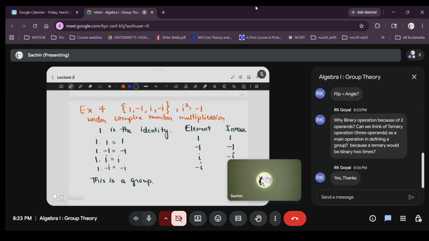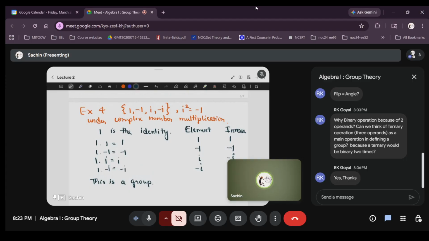And what are these numbers actually? 1, minus 1, i and minus i. Why did we pick this set? Any idea?